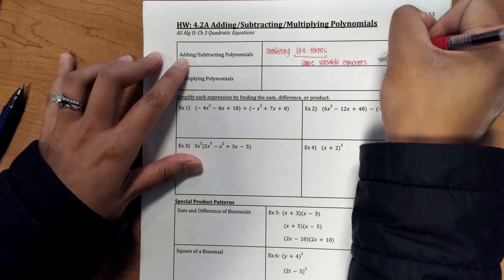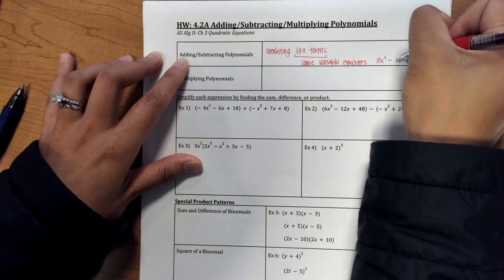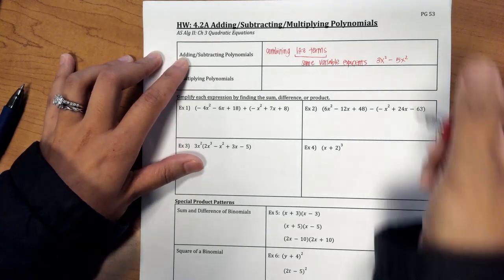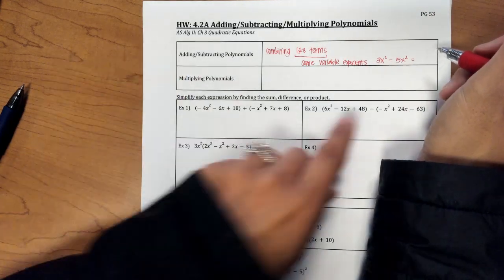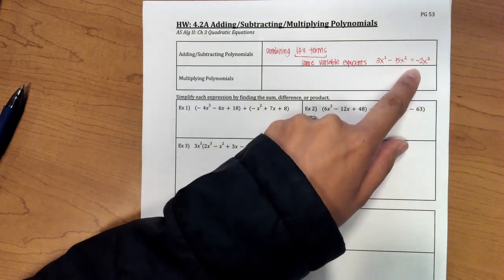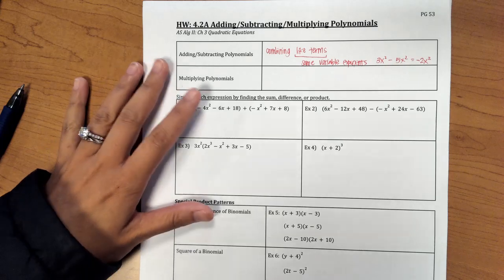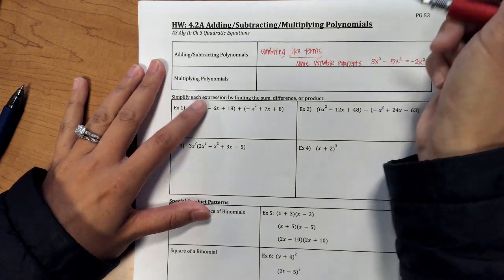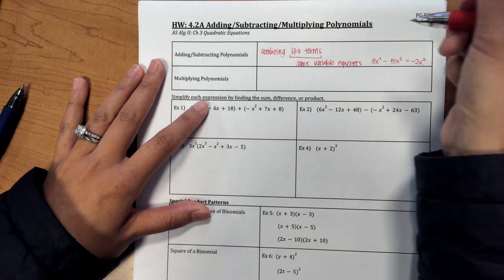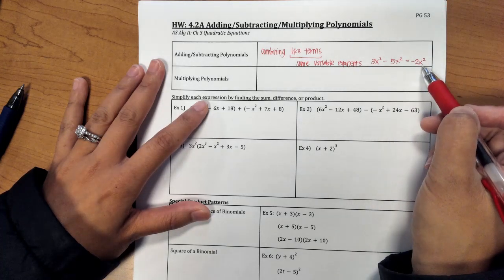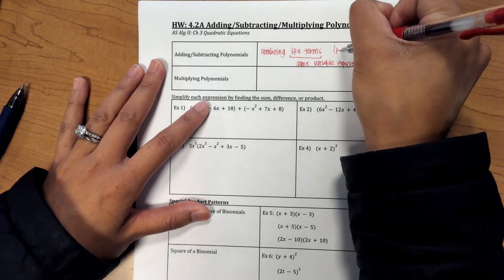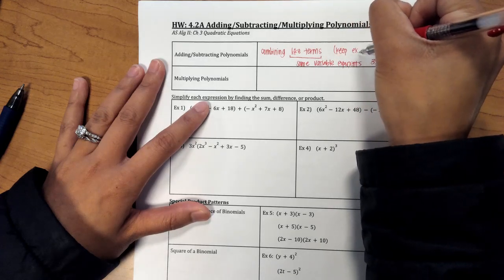So like if you have 3x squared minus 5x squared, those are like terms. Okay, and you combine them, and it becomes negative 2x squared. So we should probably write down what we're doing: we are subtracting the coefficients, right, and keep the same exponent. So combining like terms means you keep exponents the same.